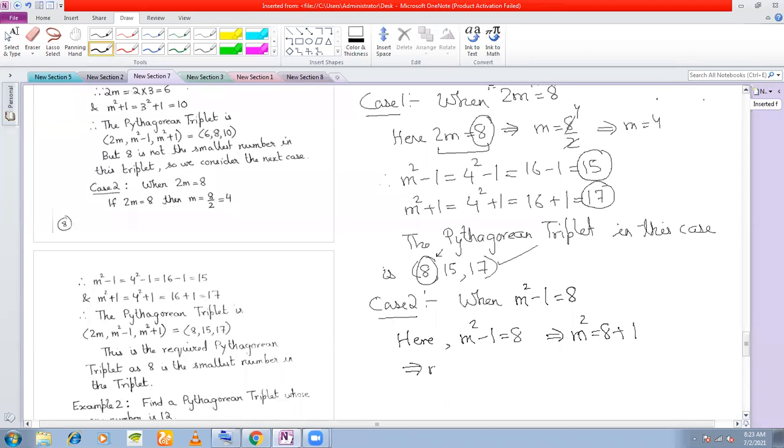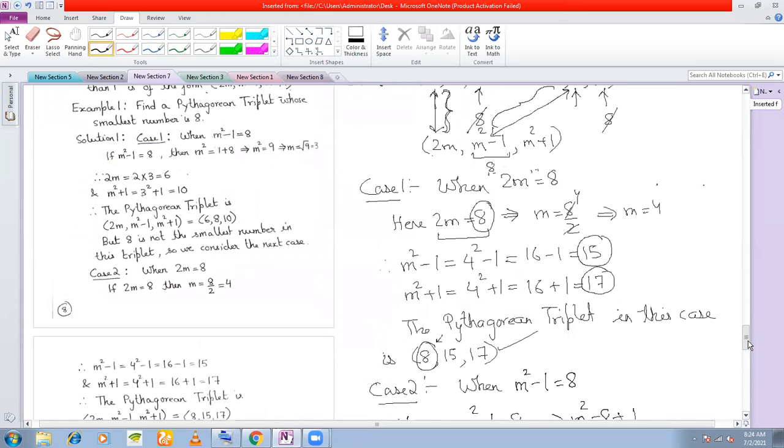That means m square is equal to 9. That means m must be equal to the square root of 9. We take the positive square root, we don't take the plus minus sign, because m is a positive integer. So m here must be equal to 3, right?